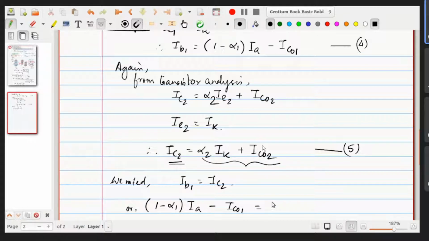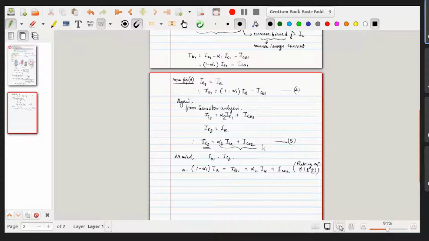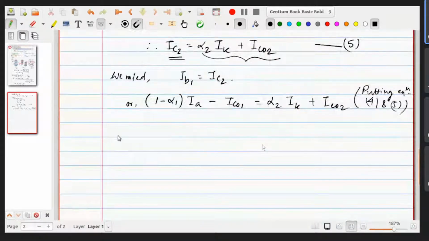IC2 is this part, that is alpha 2 IK plus ICO2. Putting equations 4 and 5. So if we now solve it, just algebraic expression.